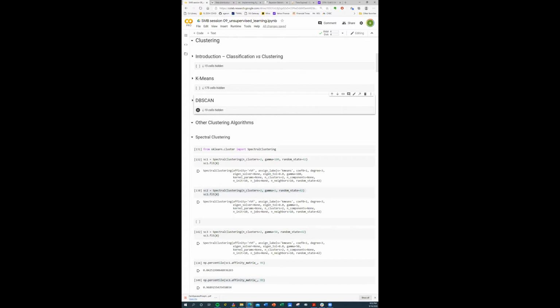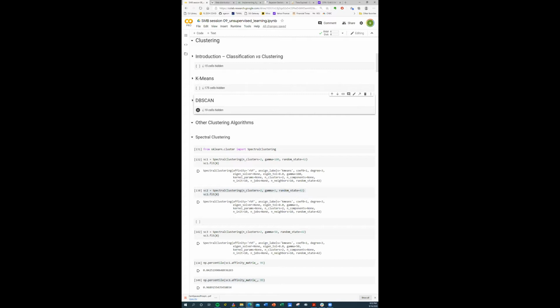So the idea is that with a Gaussian model, we can also use the Bayesian Gaussian mixture class. The idea with this is that the clusters that are not necessary are downweighted to small numbers.